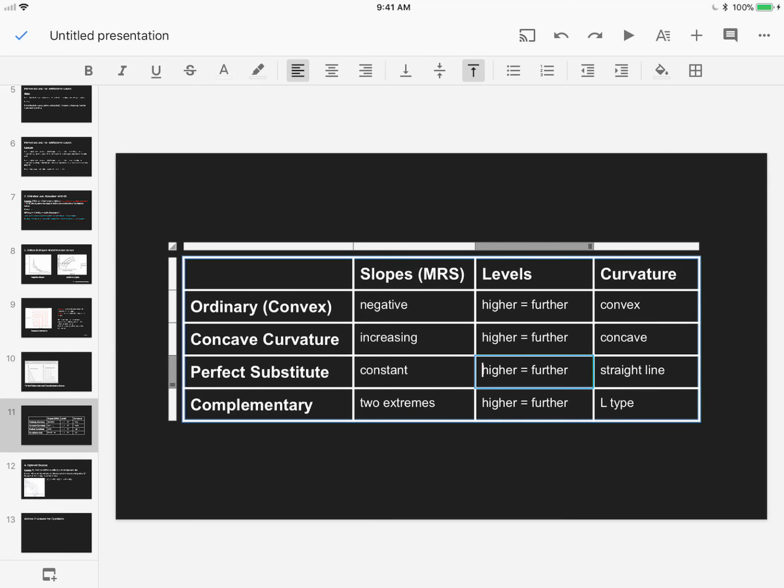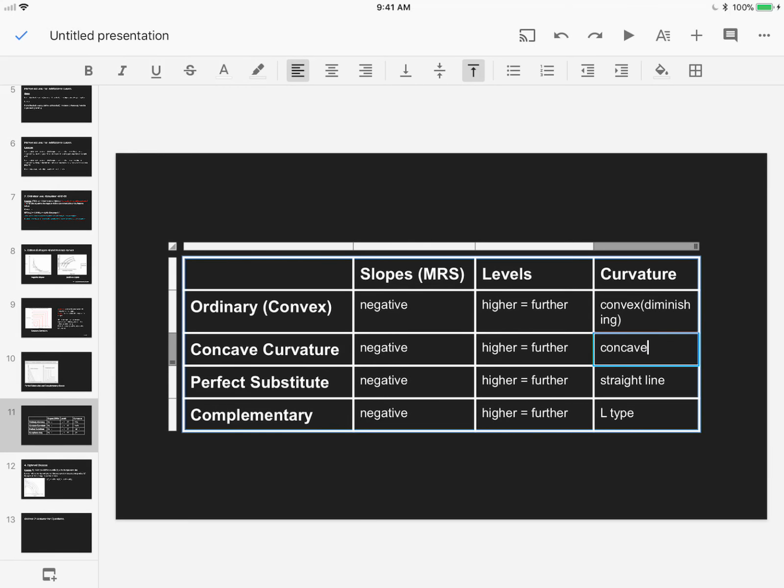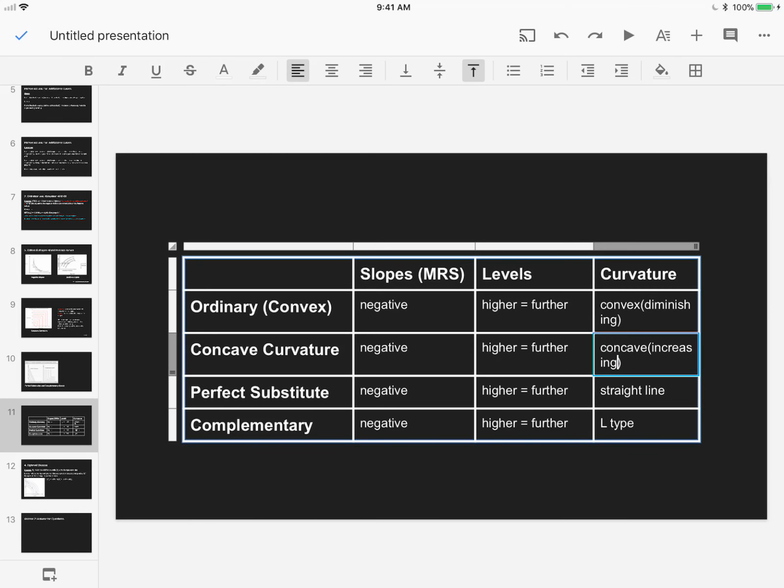And concave is still negative. And perfect substitute usually is negative. And complementary also negative. So it's all downward sloping. But for the curvature, here is convex, means we have diminishing marginal utility, and concave means we have increasing marginal utility.